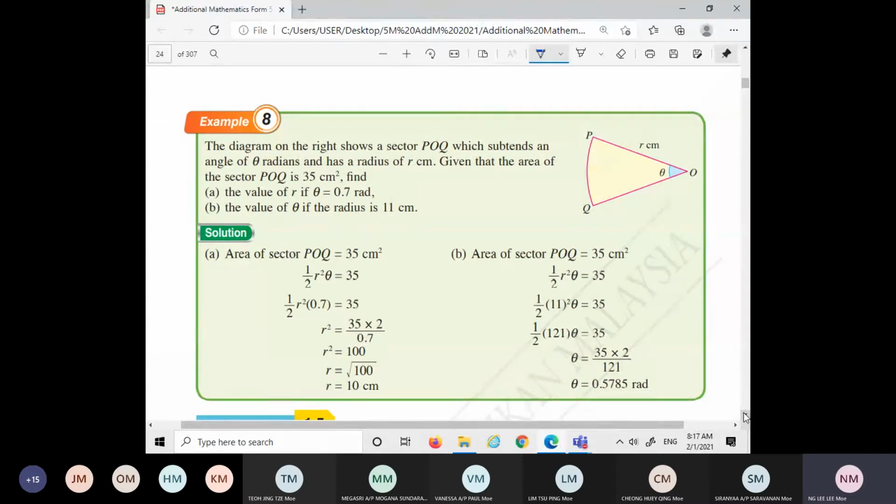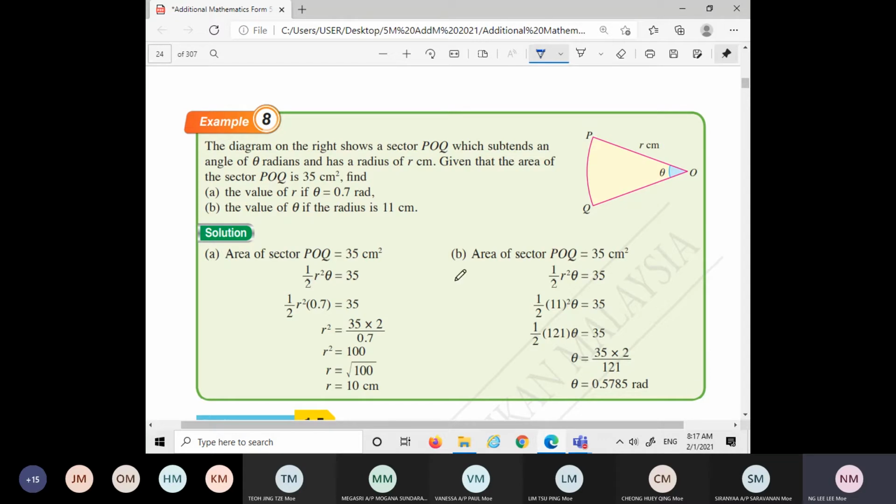The diagram on the right shows a sector POQ, which subtends an angle of theta radian and has a radius of r. Given that the area of sector POQ is 35 centimeters squared, find the value of r if theta is 0.7 radian.